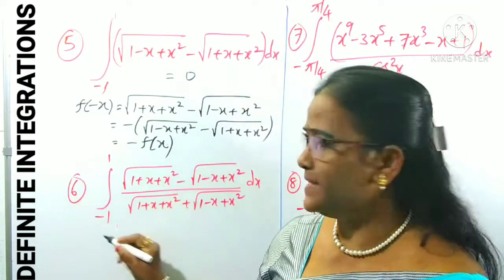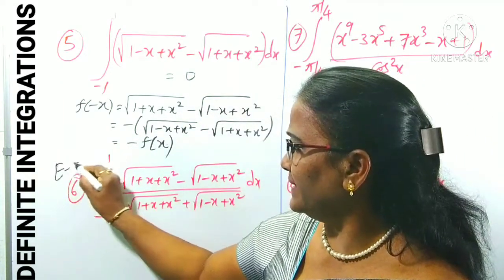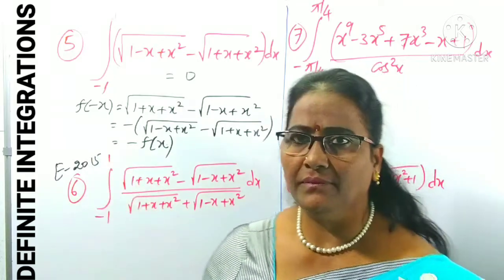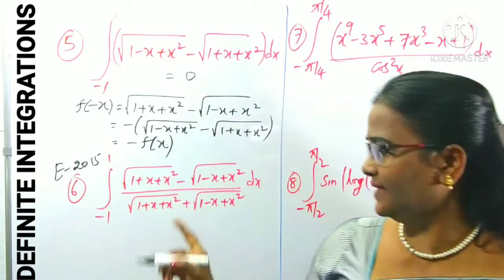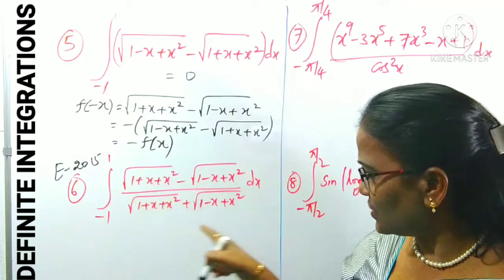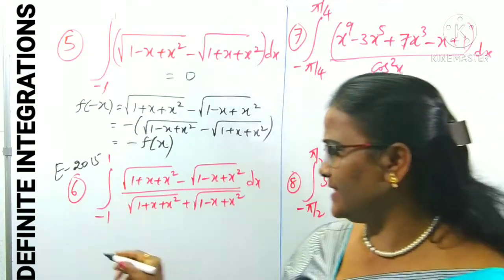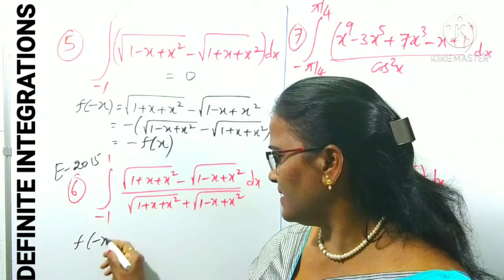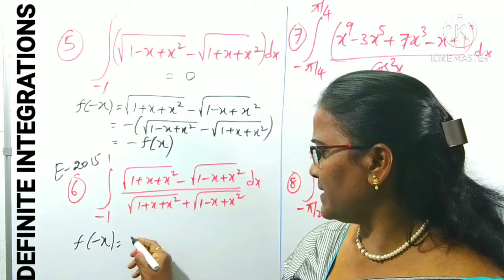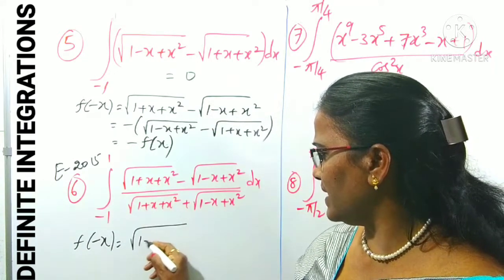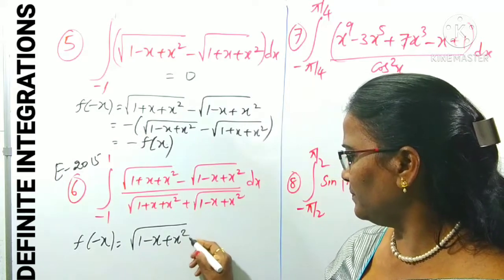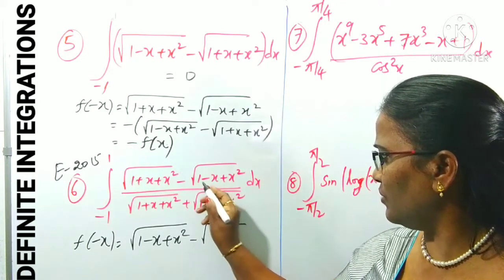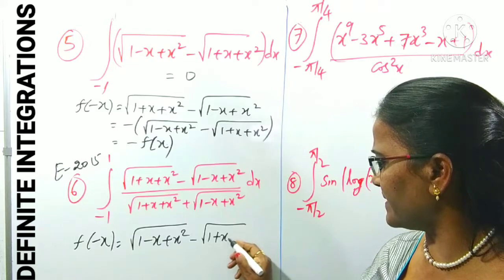The same model question was given in MSET 2015. In the same way, here the function is totally f of x. Again check it, f of minus x. In place of x, take the minus x. Numerator: root over 1 minus x plus x square minus root over 1 minus minus x plus x square.